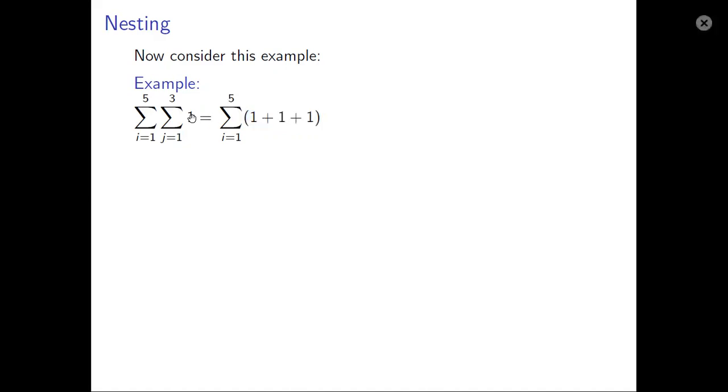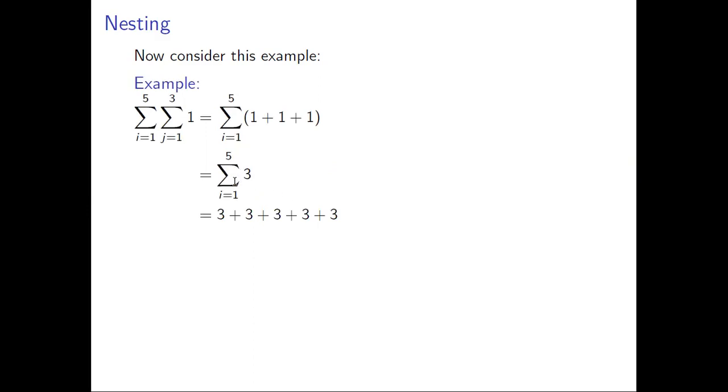So what I'm doing here is expanding the inner sum, and keeping the outer sum for now, and then we're going to expand the outer sum. First let's rewrite it as the sum from I equals 1 through 5 of 3, because 1 plus 1 plus 1 is just 3.